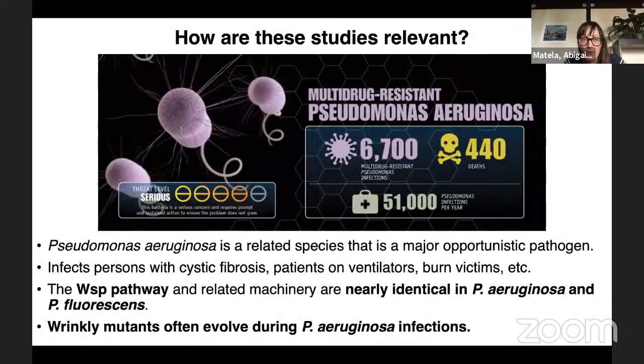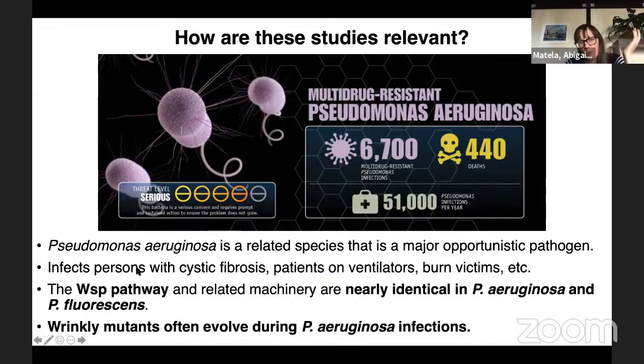Does anyone have questions before we talk a little bit about relevance? So how are these studies relevant? I'm just going to talk about one way that they can be really directly relevant to looking at Pseudomonas aeruginosa. Pseudomonas aeruginosa is a major opportunistic pathogen.